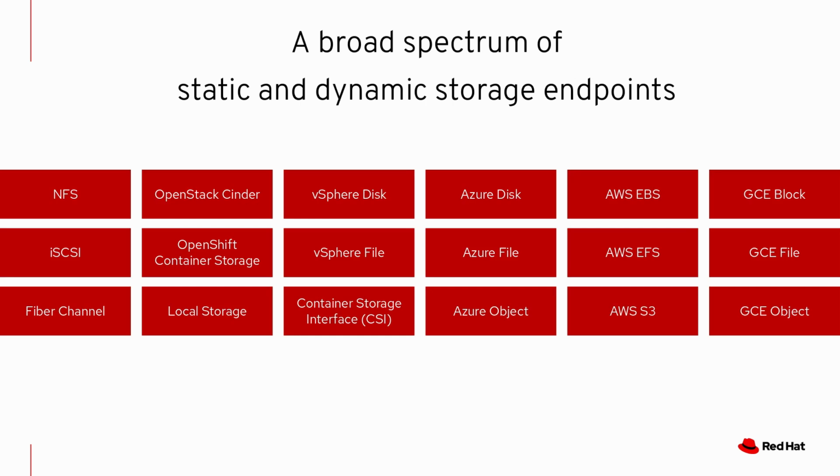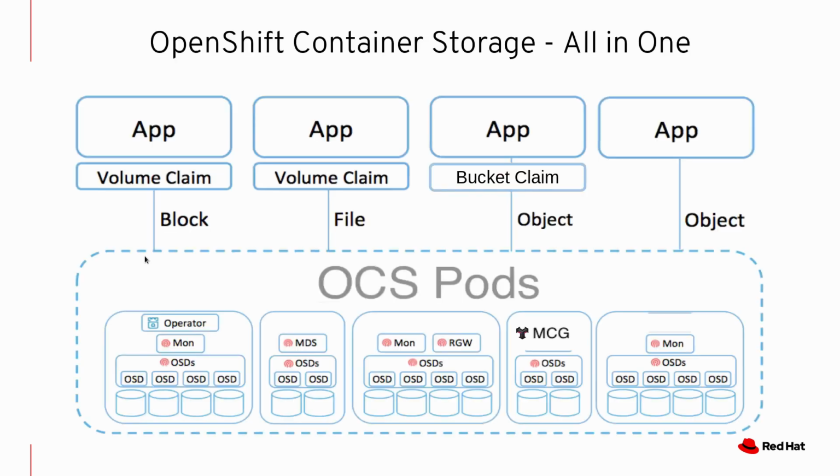If you deploy OpenShift on premise, again depending on the infrastructure, if you deploy it on top of vSphere or in OpenStack, you will also have automated integration. You can also integrate OpenShift with storage technologies like NFS, iSCSI, Fiber Channel. And last but not least, we also offer a software-defined storage solution based on Ceph technology called OpenShift Container Storage.